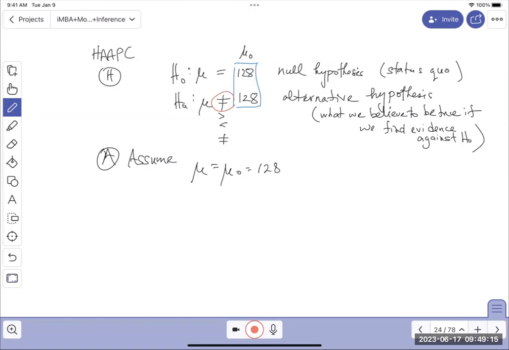As a result, because we assume that X is normal with a mean equal to 128 and a standard deviation of 15, then we know X bar is also the same shape with the same mean, but a narrower distribution, sigma over root n.